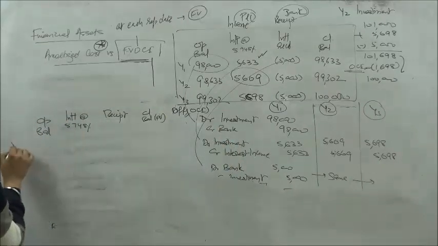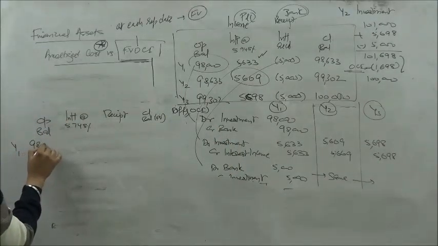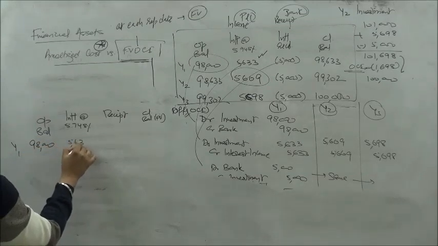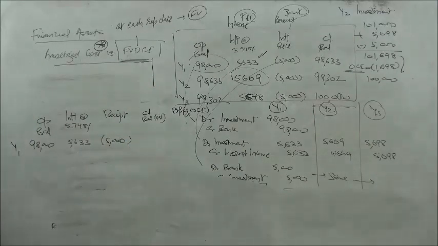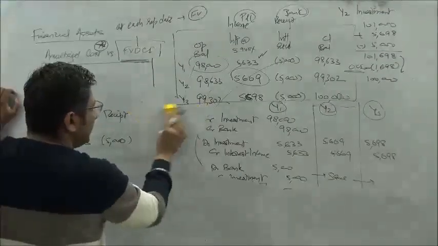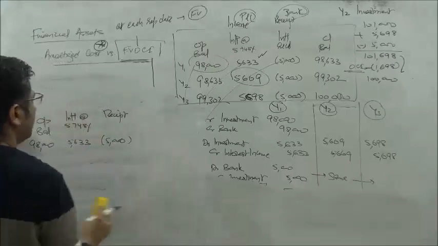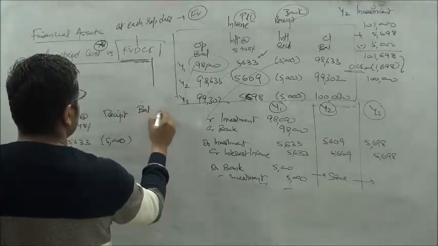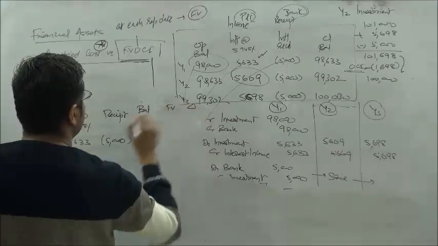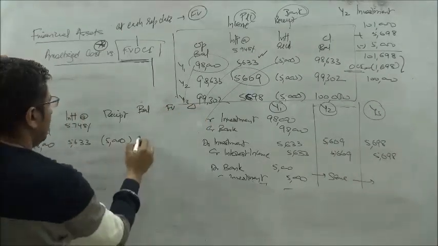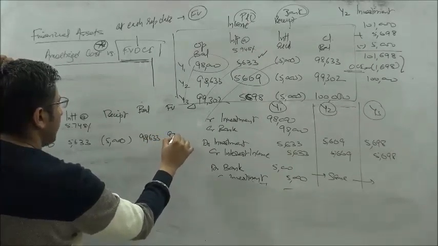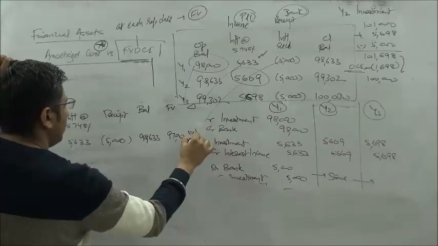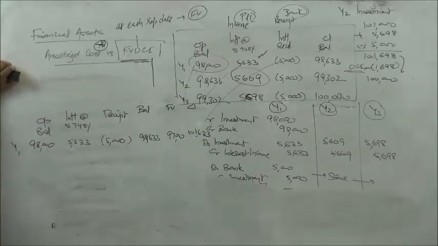My opening balance at the start of year 1 is 98,000. This is 5633. I receive 5,000. So the balance would have been 98633. Fair value was 97,000, which means a reduction of 1633.